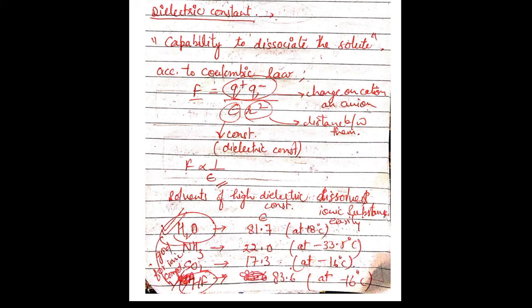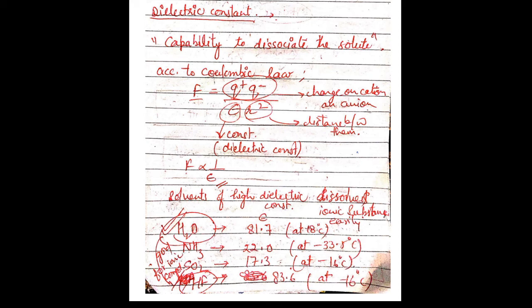As is clear from this formula, if the value of epsilon is large, the force F will be small. As a result, only a small amount of energy will be required to separate the ions, and hence it will be easy to dissolve an ionic substance.